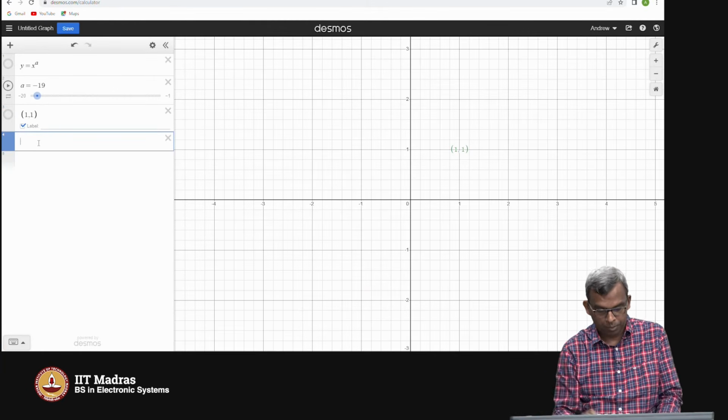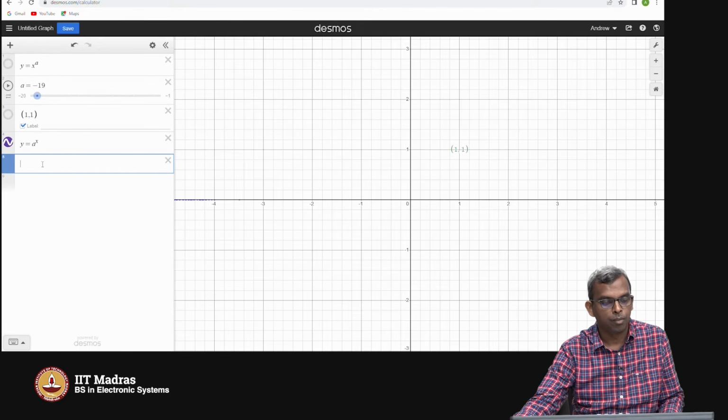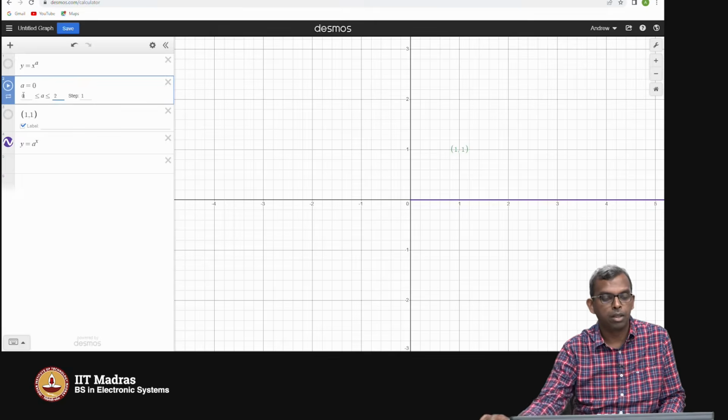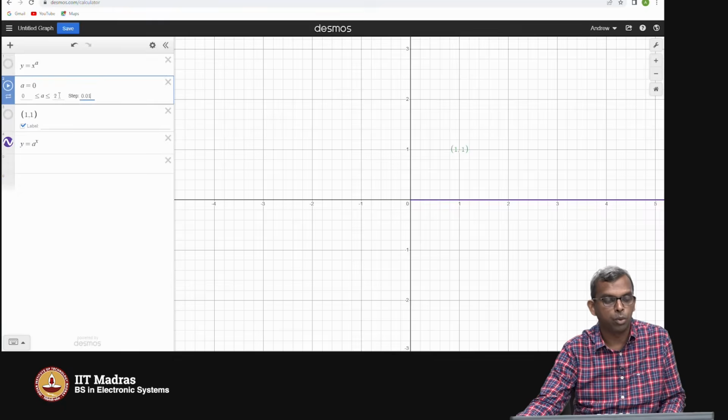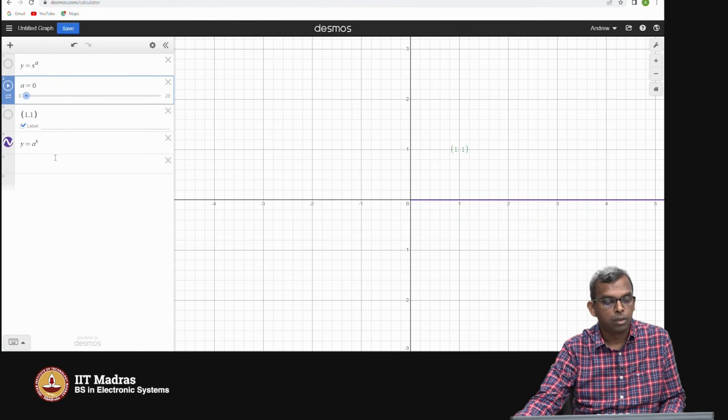So y equals a to the power x, and then a can go from 0 to 2 maybe, and we can keep the step as 0.01, maybe 0 to 20. There you go. I don't know why it's refusing to.